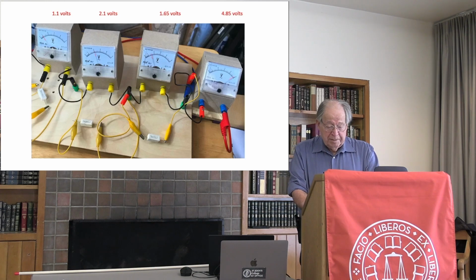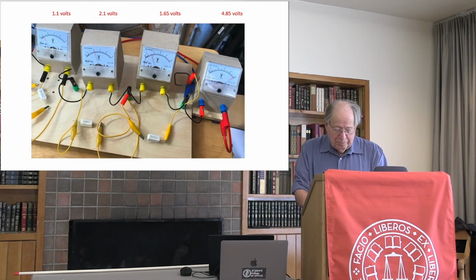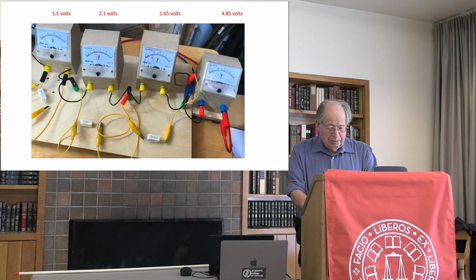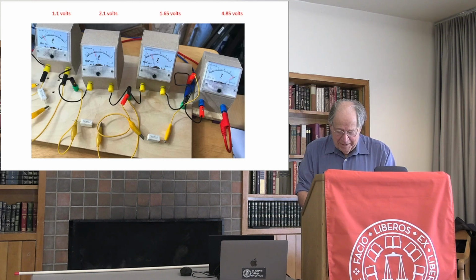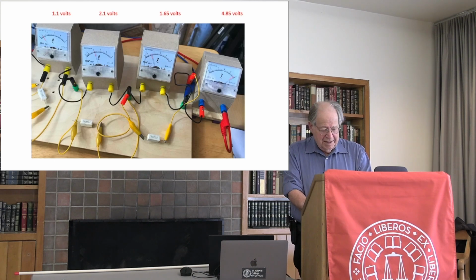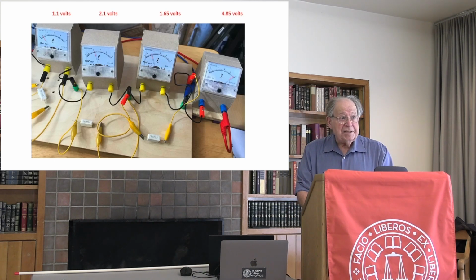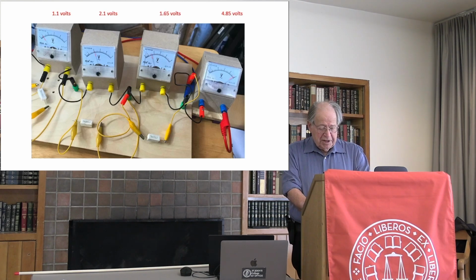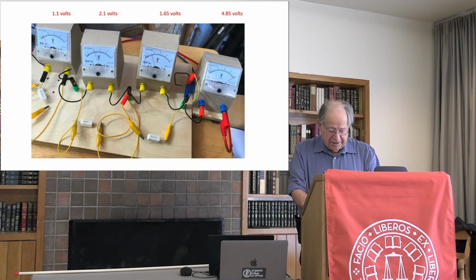You see that 1.1 volts plus 2.1 volts plus 1.65 volts, the meters on the left, total 4.85 volts, the meter on the right, just as we had anticipated. We see then what happens when resistors are connected together.